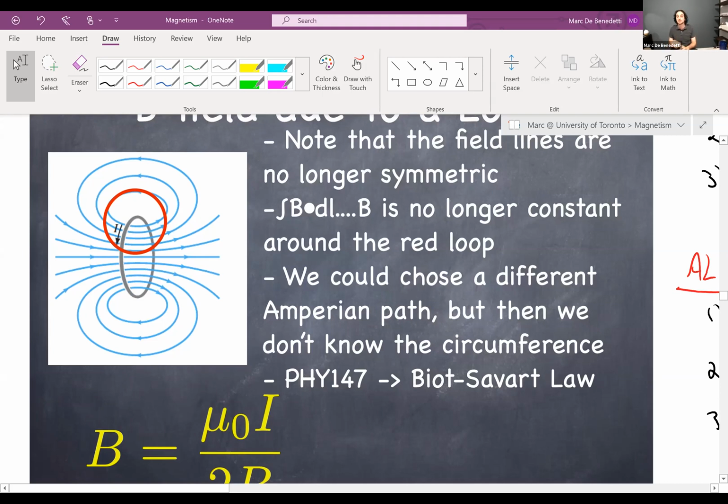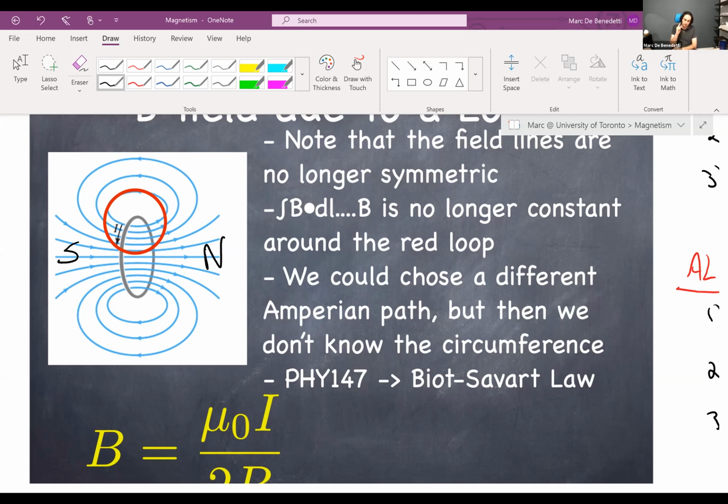We talked about how to relate the magnetic field due to a straight wire, and how you can bend the straight wire into a loop and predict its B field that way. Here we have a very strong north pole. Here we have a very strong south pole. Let's see if we can use Ampere's law to come up with a formula for this. And the answer is we can't.